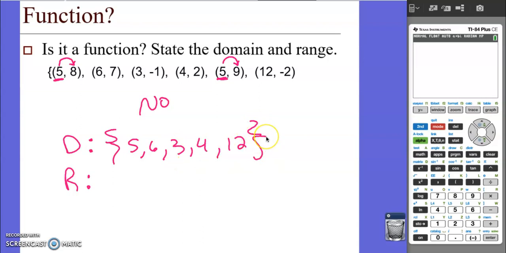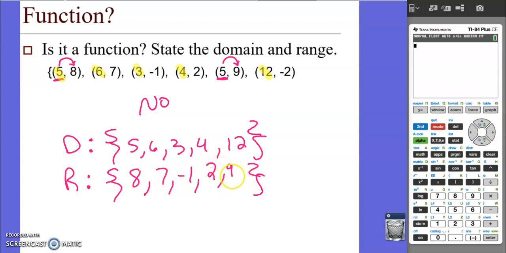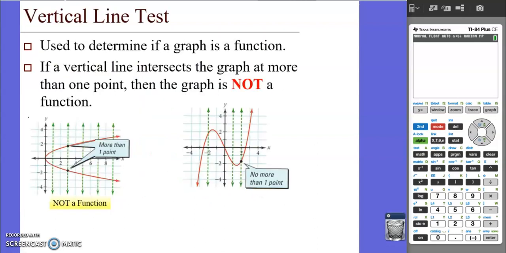Again, you don't need to repeat the 5 again. So basically, I look at all my x's, and that's my set of domain. And likewise, if you look at the set of y's, you have 8, 7, -1, 2, 9, and -2. So that's the range that's displayed here.